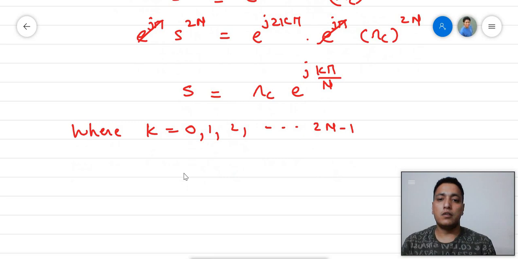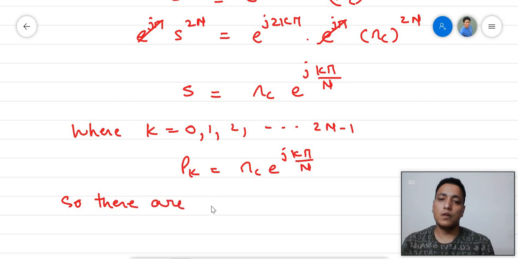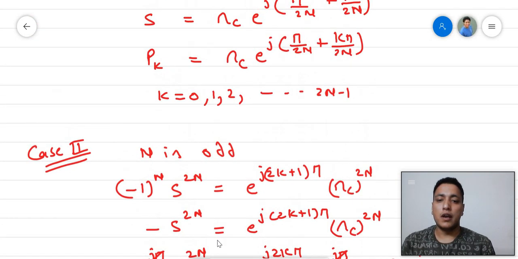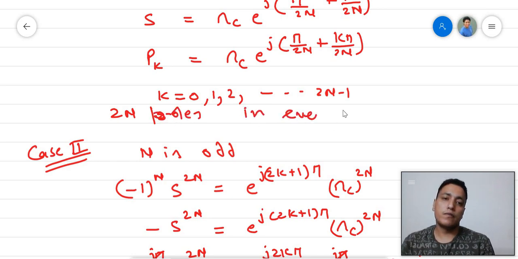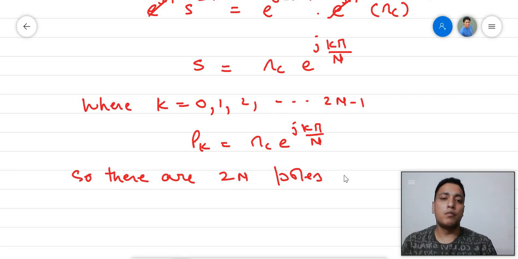So we can write this as pk equals to omega c exponential j k pi by n. So there are 2n poles in odd case and also 2n poles in even case. So for a Butterworth filter, we'll have total of 2n poles.